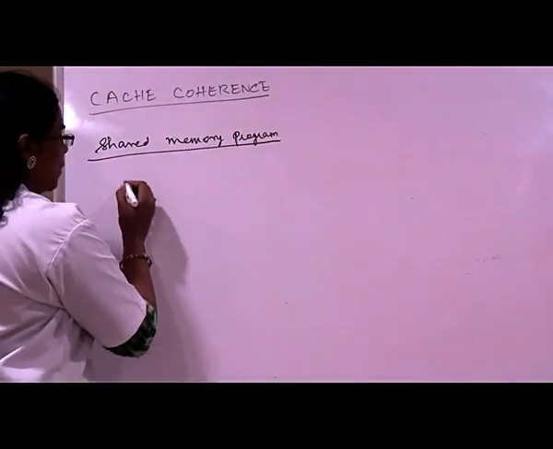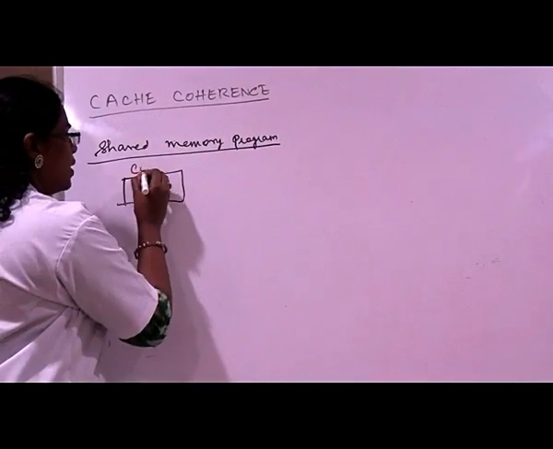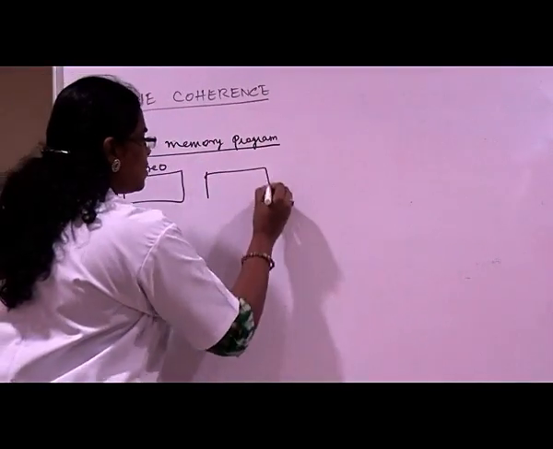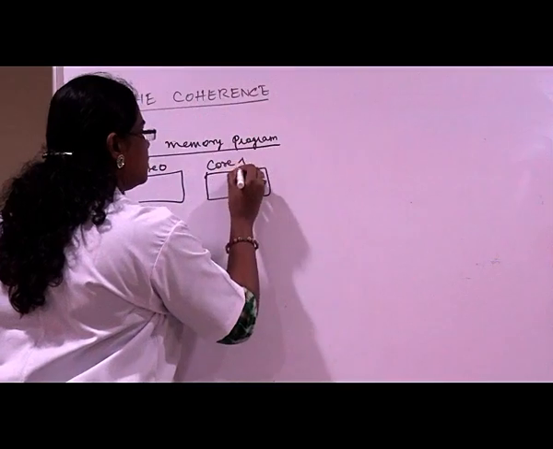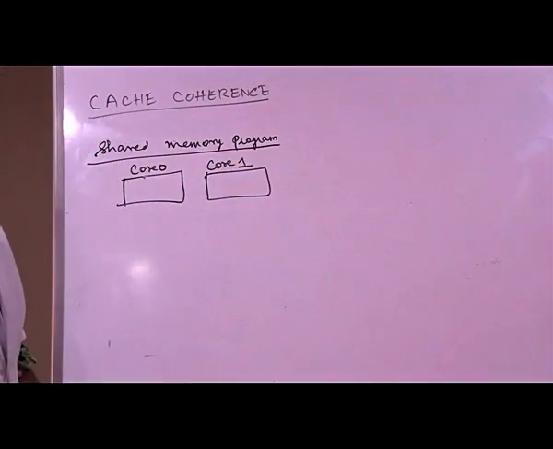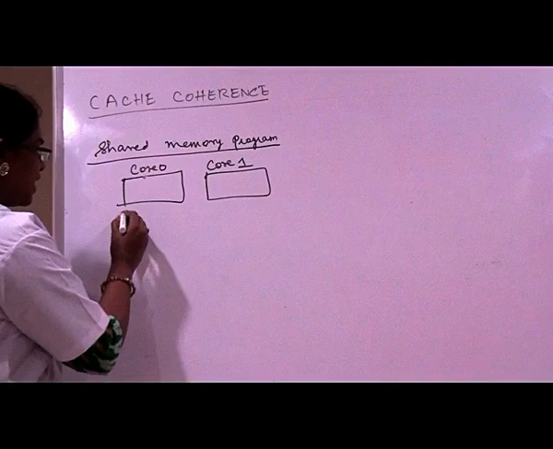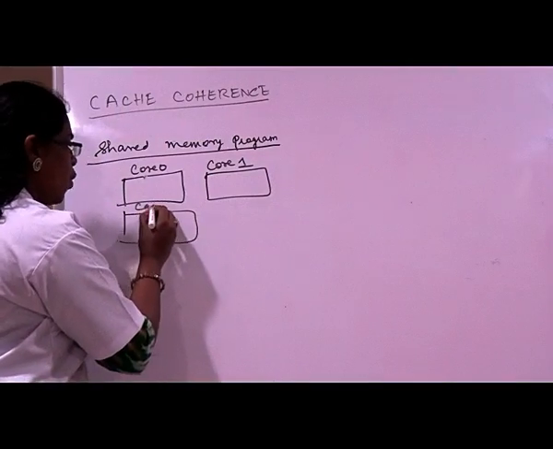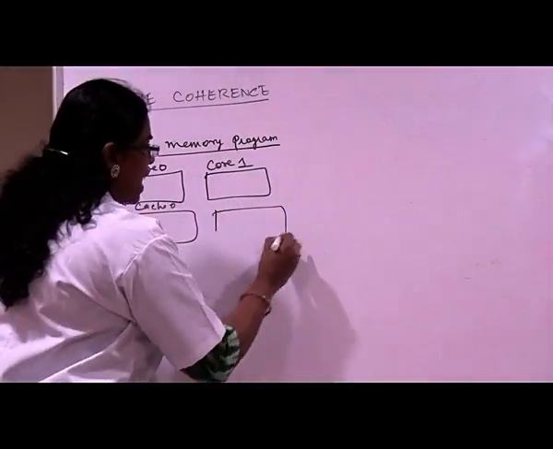In my shared memory program, there are two cores, core 0 and core 1. Each core has its own private cache. This is the cache of core 0 and this is the cache of core 1.